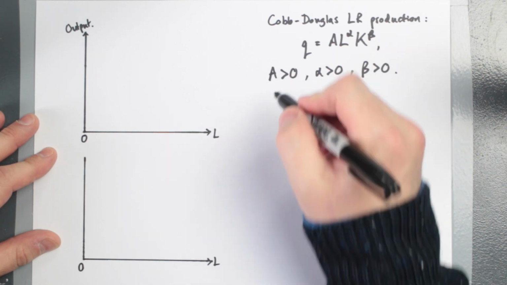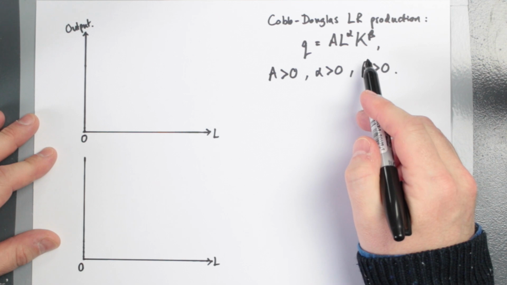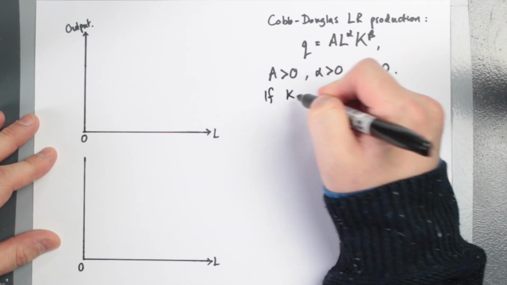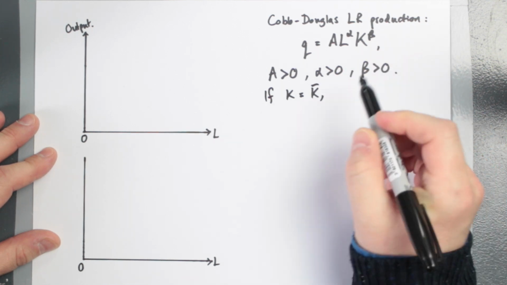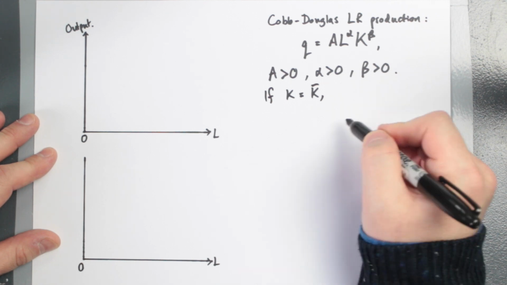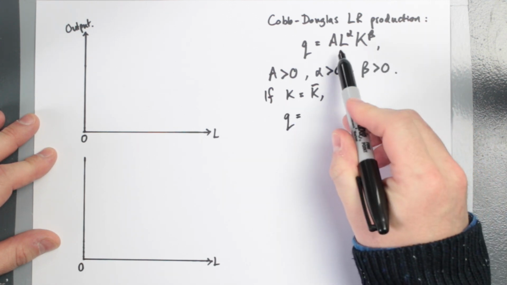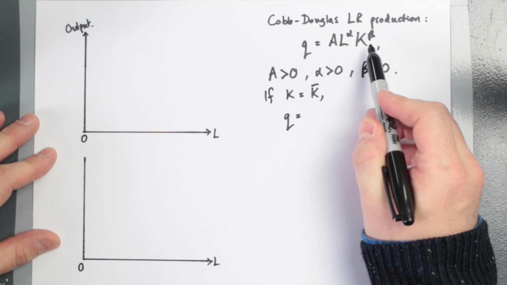Now, for us, we're going to look at the short-run production function. So if, let's say, K is just fixed at some K bar, then the short-run production function we could write as Q is equal to A times K bar to the power beta.